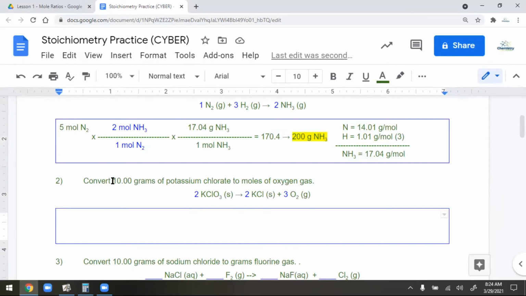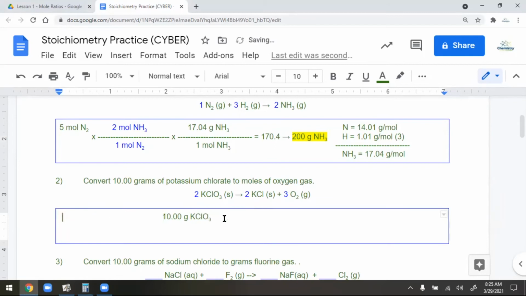So in this problem, it says that we're starting off with 10 grams of potassium chlorate, and we're going to find moles of oxygen gas. So 10.00 grams of KClO3. Now, when we do this problem, one of the things that we're going to have to do is begin by finding out the molar mass for potassium chlorate.